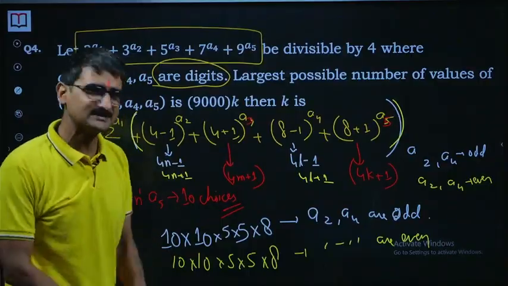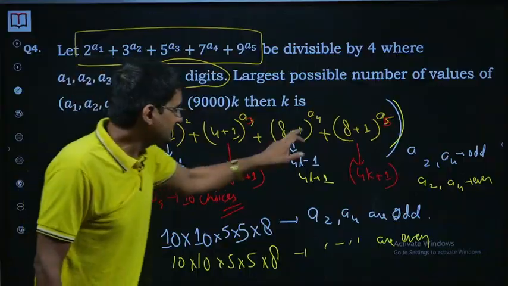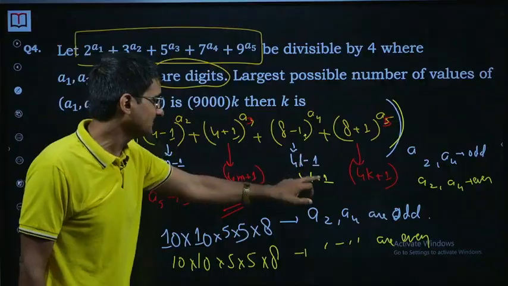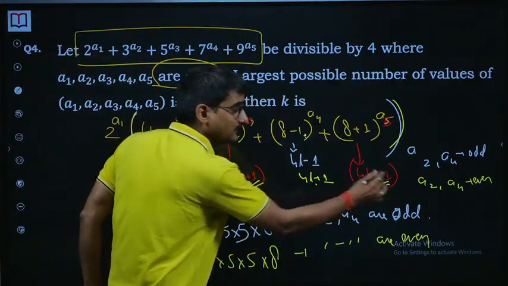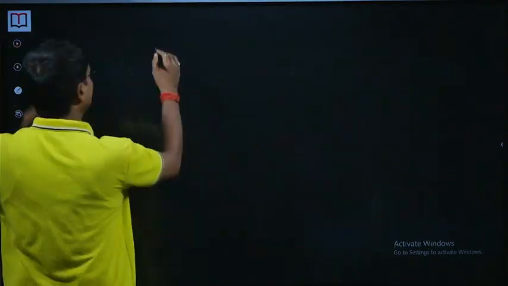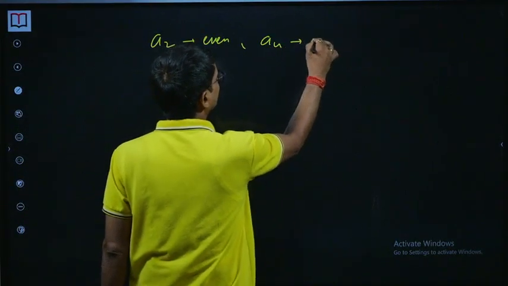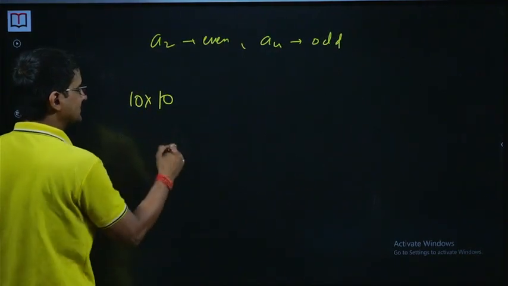Now the last case is, what if this is even and this is odd, or vice versa. This is even, this is odd, or this is even, this is odd. Plus 1, minus 1, or plus 1, minus 1, they will get cancelled. We are left with a multiple of 4 plus 2. So let's say A2 is even and A4 is odd. In that case, of course, A3 and A5 have the same choice, 10 and 10.